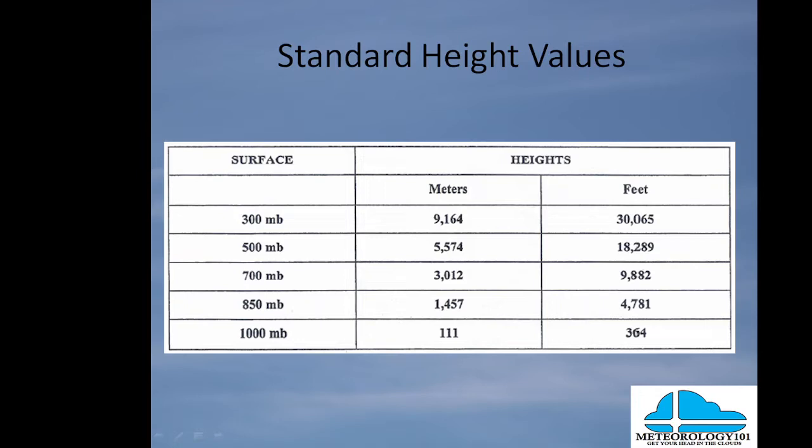So 30,000 feet in the atmosphere. 250, you get up higher to like 34,000 feet, and then 200 millibar is 38,662 feet. So you can use whatever numbers you want, metric system or standard, but when you talk about cloud heights on a METAR or surface observation, that is going to be in feet.